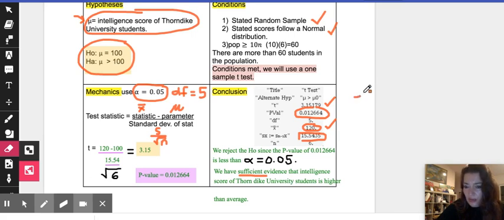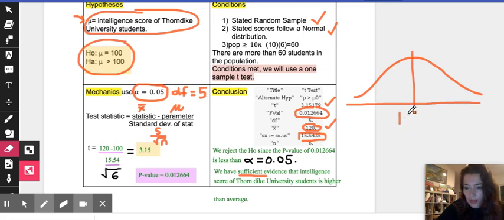Now, looking at our graph, you don't have to draw a curve, but it is helpful. What does it mean when we reject? So if we look at our mean, it is given as 100. Our sample is 120.